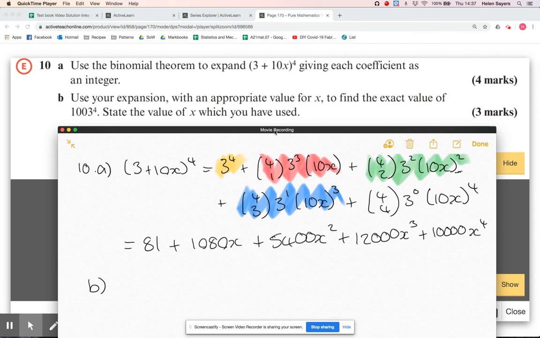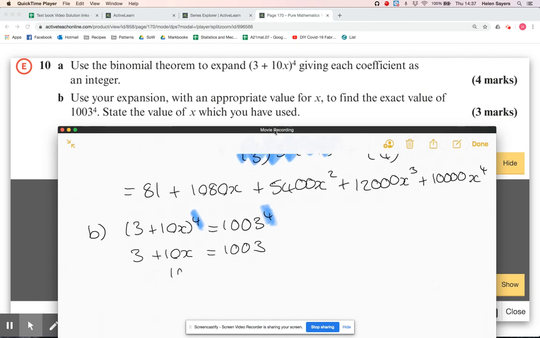Okay, and then we've seen this come up a few times already, this type of question. So they then get you to do an approximation. So we've worked out, that's the expansion we've done, and they want us to use that to approximate 1003 to the power of 4. So these questions are only going to work if those powers are the same, and if those powers are the same, then I can just get rid of them from each side.